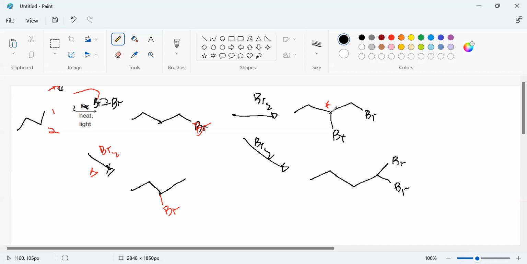This is chiral. You have your hydrogen, and of course you have your bromine here, and another one is here. You have two kinds here.